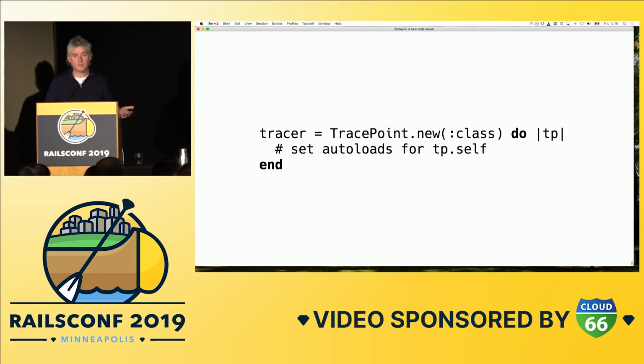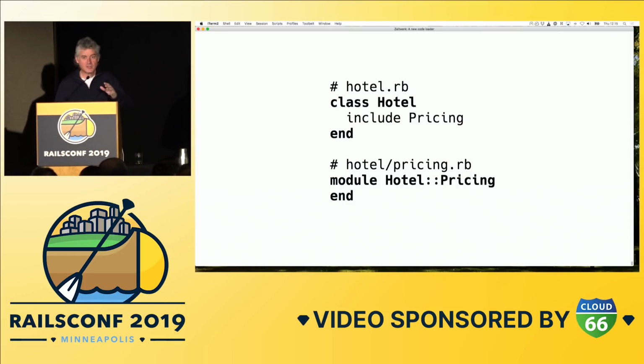The solution has been TracePoint. So we set the TracePoint on the class event. This has to be a cheap thing. And Shopify has Zeitwerk in production, so no problem. This is just an event that is triggered when classes are created or reopened, modules as well, of course. Thanks to the TracePoint, we are called.